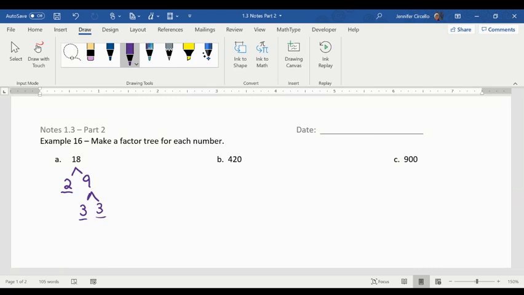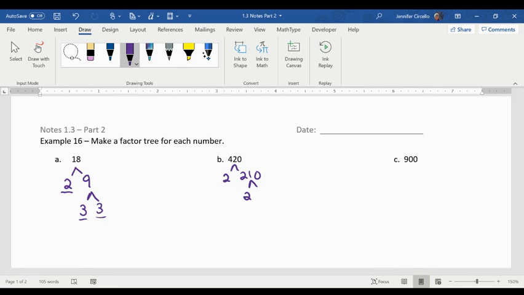Let's try with 420. Let's do some bigger numbers. So 420 is an even number, so the smallest number that goes into 420 is 2. If you do 420 divided by 2, you'd get 210. 210 is still even, so it will be divisible by 2.